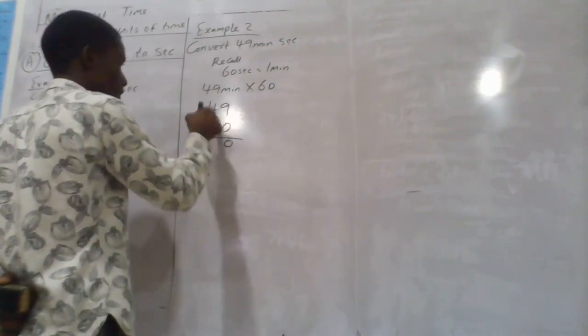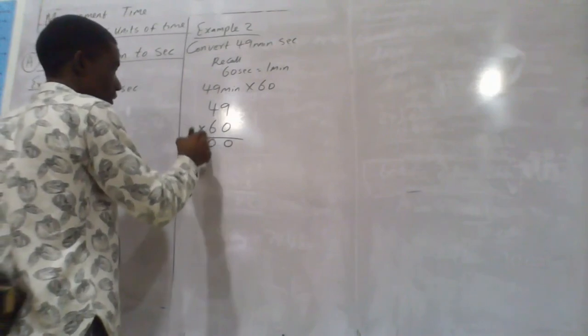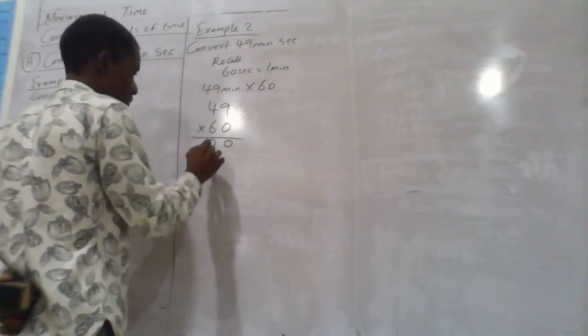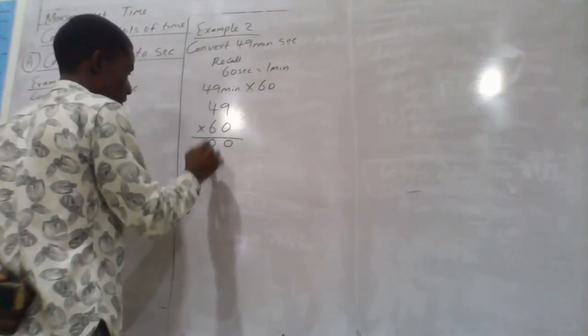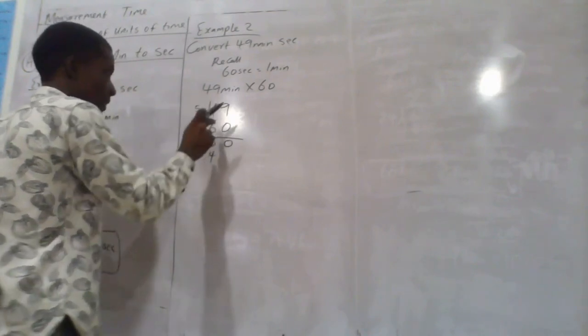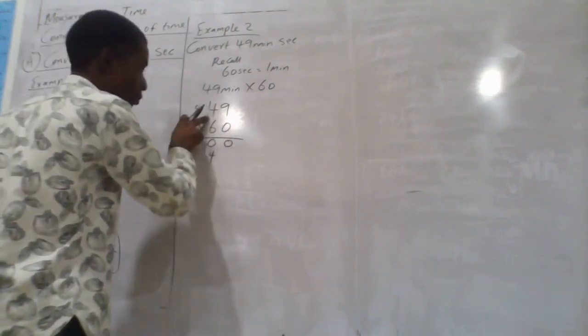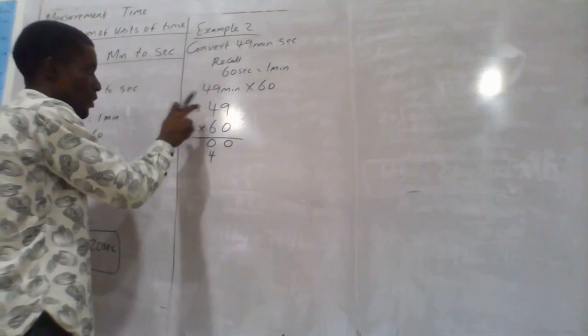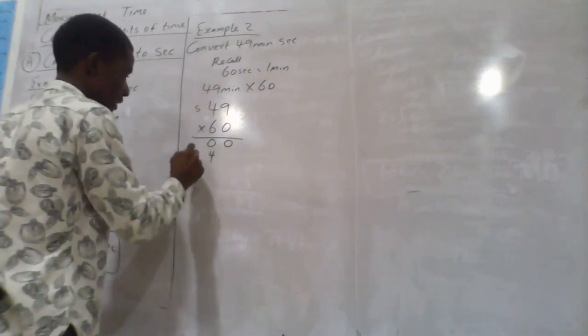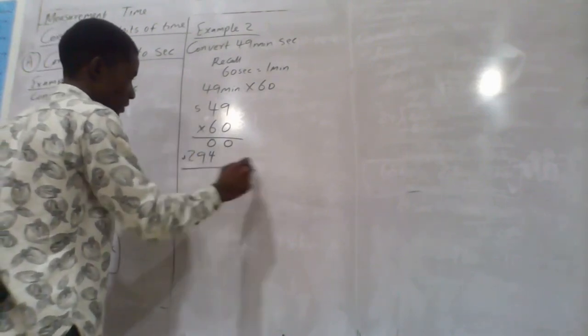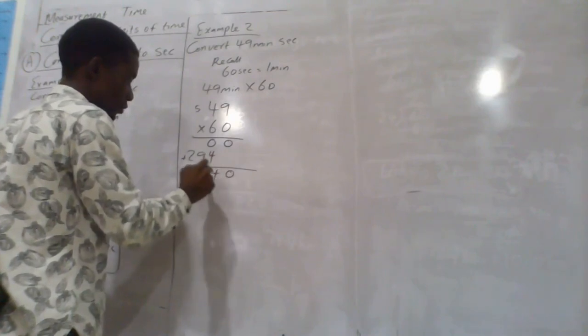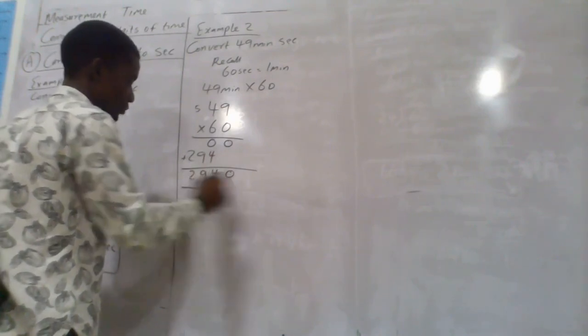0 times 4, 0. 6 times 9 will give us 54. I write my 4, I keep my 5. 6 times 4 will give me 24, plus this, that will give me 29. I add it up: 0, 4, 9, 2.